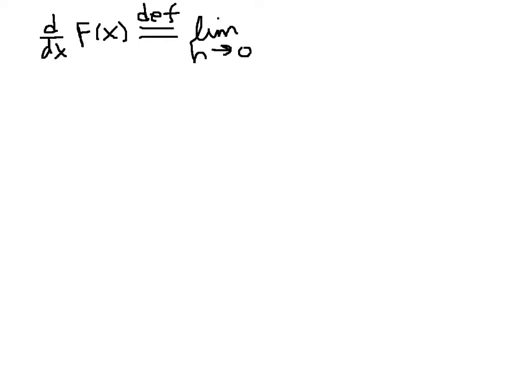We're going to take the derivative with respect to x of big F of x. And by the definition of derivative, this is going to equal the limit as h goes to 0 of big F of x plus h minus big F of x all over h. So that's our standard derivative.